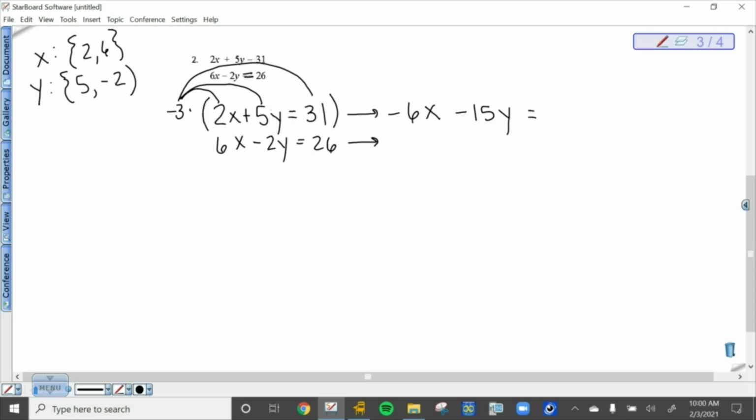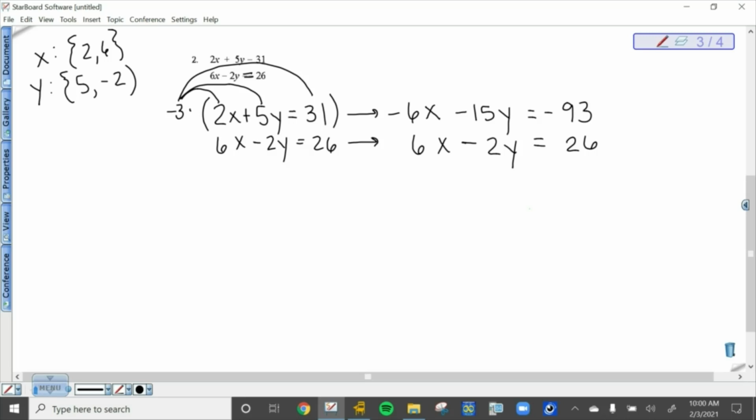Someone with the calculator out, tell me. Negative 93. Okay. And now we just leave this second equation as it is. So we get 6x minus 2y equals 26.